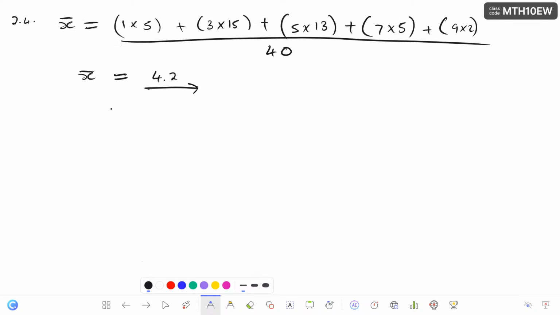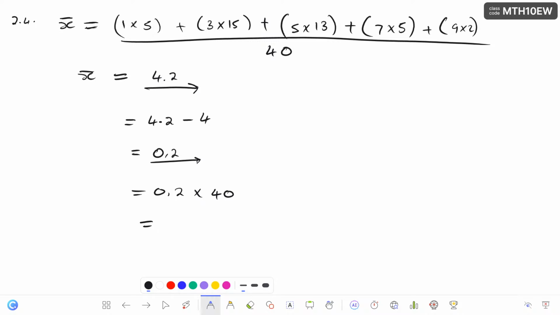So here we need to take the old mean minus the one that included them, and we get 0.2. This gives us the proportion of staff members that were absent that day. So we say 0.2 times 40 to get the number of people that were not available.